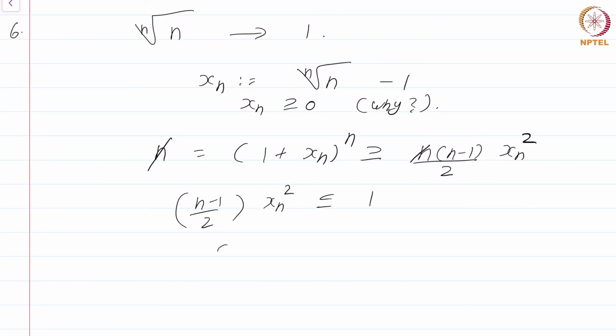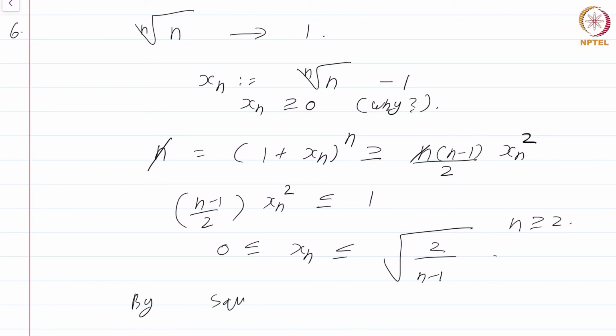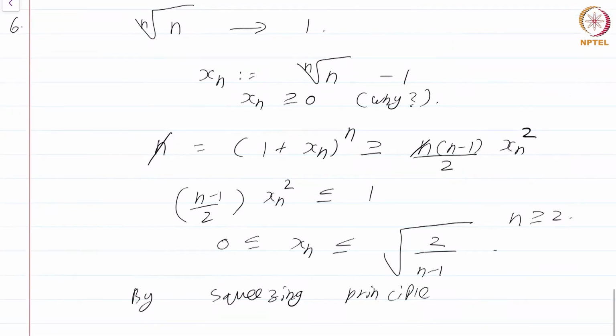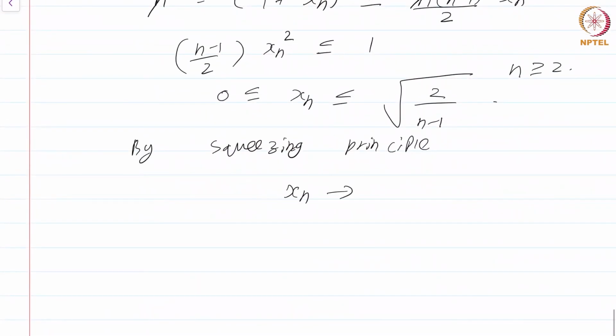In other words, 0 is less than or equal to xn is less than or equal to the square root of 2 by (n minus 1). This will be valid whenever n is greater than or equal to 2. We have to be a bit careful because when n equals 1, the denominator becomes 0 and this quotient doesn't make any sense. So, again by the squeeze theorem, xn converges to 0. Hence, the nth root of n converges to 1.